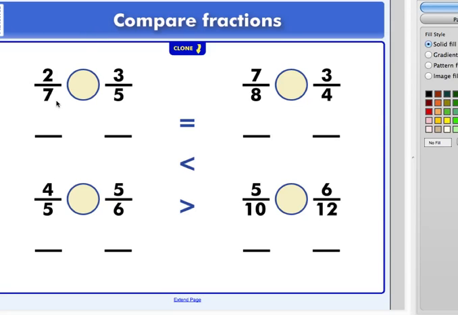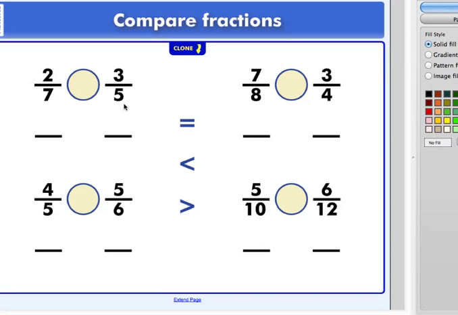For example, let's take a look right here. We need to decide if 2/7 is equal to, less than, or greater than 3/5. Now, if I ask myself that question, look at the fraction 2/7. Is 2/7 closer to 0, 1/2, or 1? You might say 0, or you might say 1/2, knowing though that 2/7 is less than 1/2.